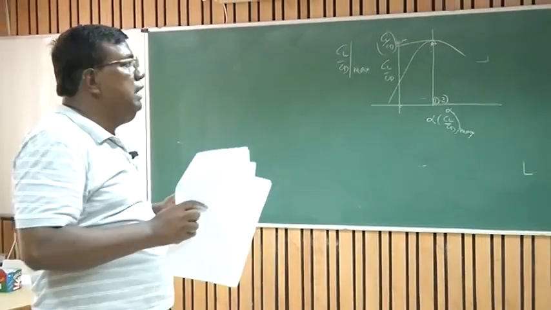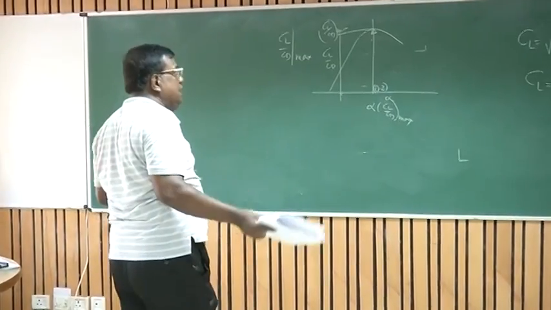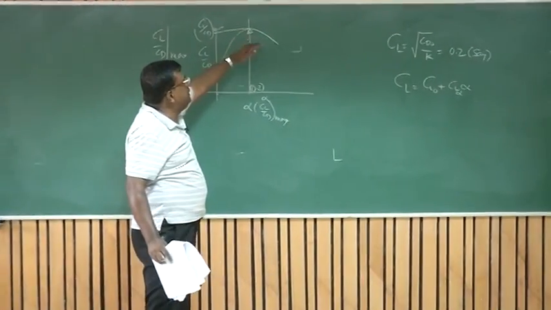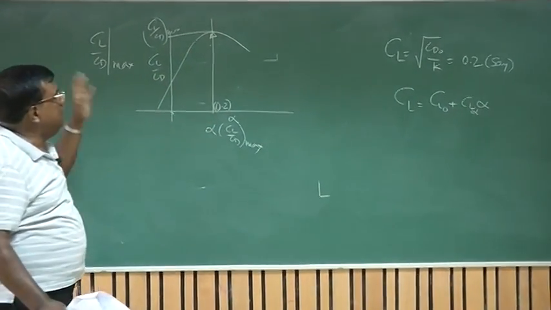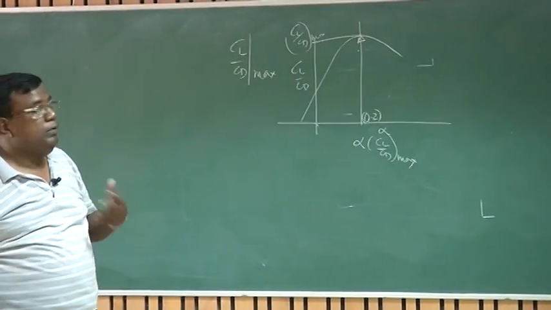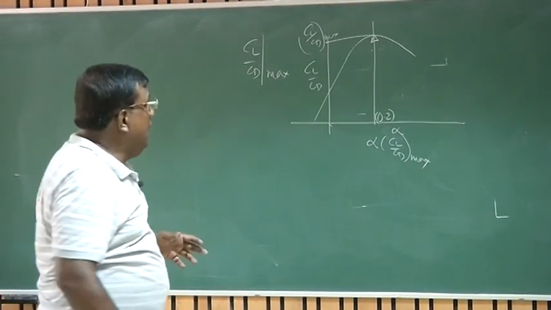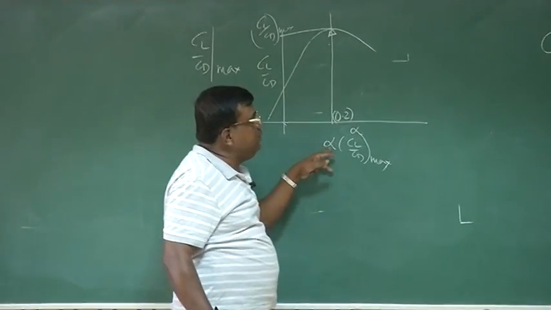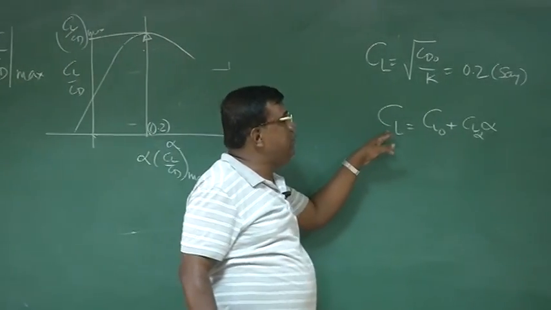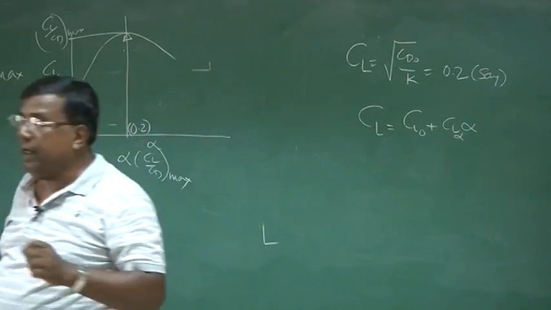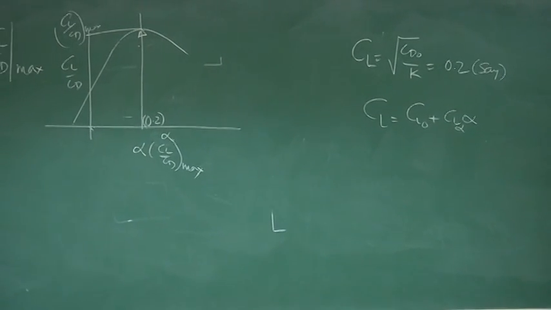So one has to generate a huge wind tunnel database to understand what is that alpha at which I get CL by CD max, and then I translate this alpha to CL, and from CL I translate to speed, because finally the pilot will be following the speed.